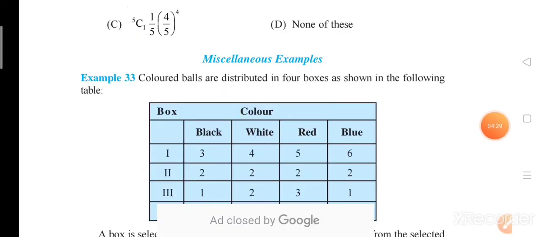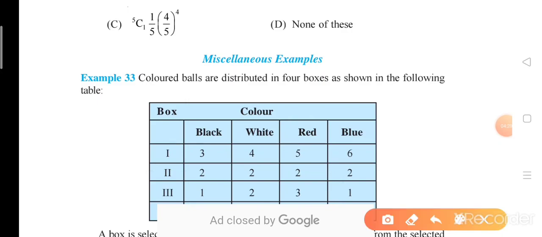Now from miscellaneous, all examples related to topics which are not removed.